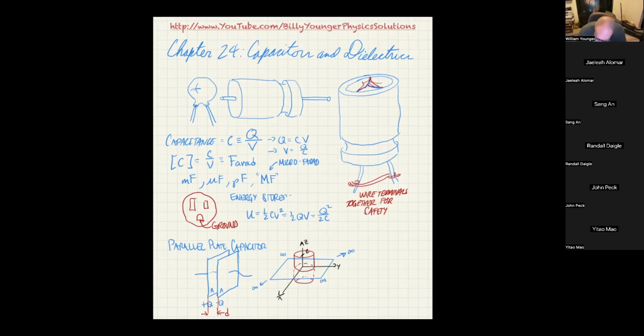And I've got dA top is going to be dA k hat. I've got dA bottom is going to be negative dA k hat.